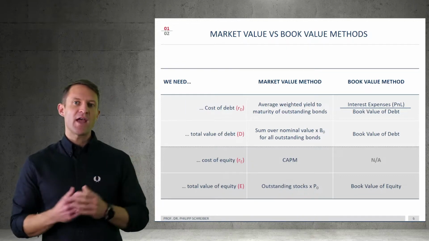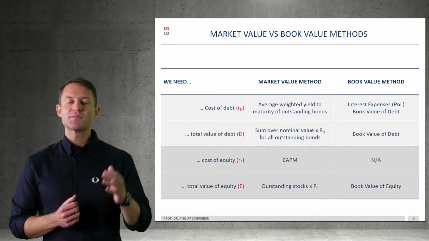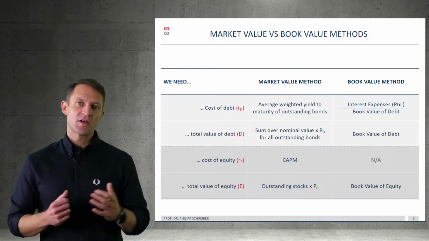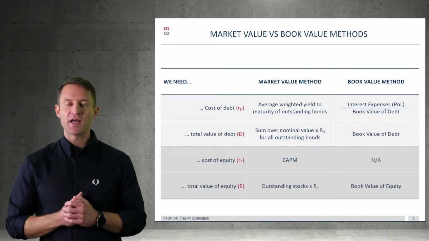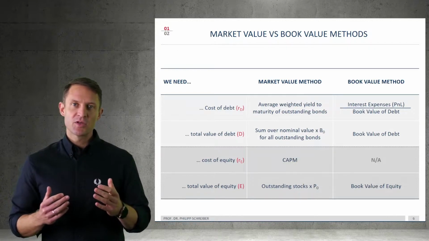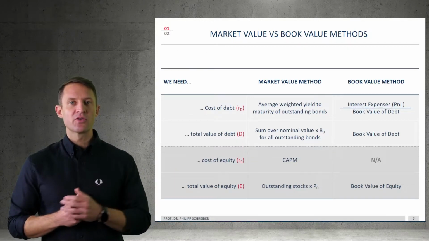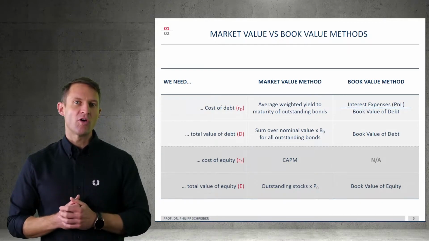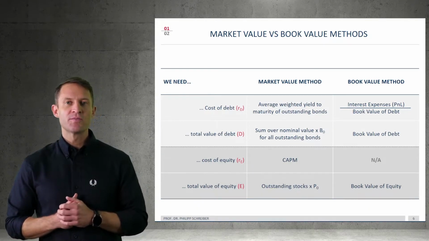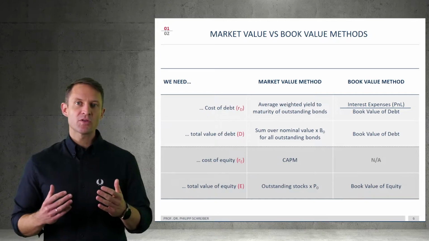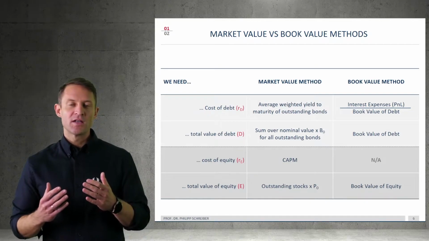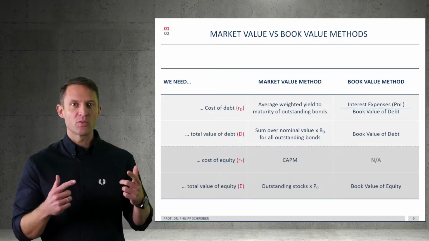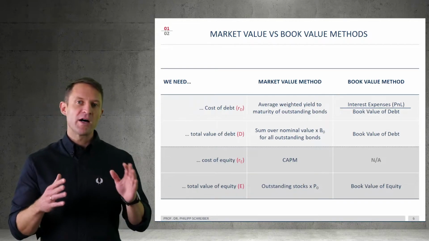Let's think of any company. Let's pick Adidas. Let's say you're interested in Adidas' book value of debt. The latest number you can find is in the latest annual report. But let's say it's January or February of 2022. What is the latest report you can find? The latest report is the report from 2020, because the 2021 report will be published maybe in March or April.